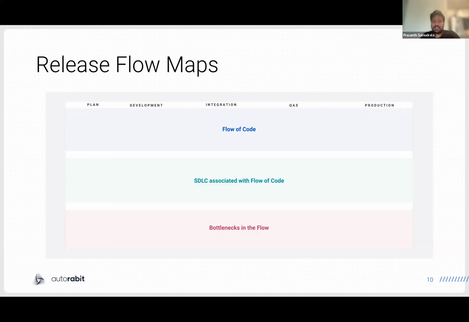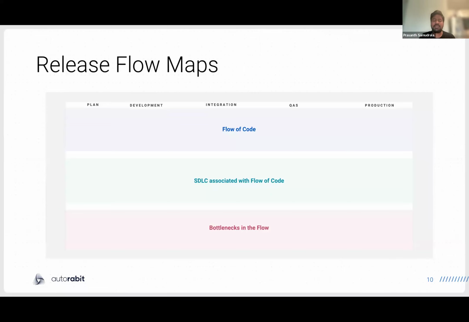The second one is the SDLC associated with the flow of code. When you say that you're committing something into the version control, where does the process start? Who are the people involved in it? And the third swim lane is what are the challenges that you face when you try to implement that flow of code or try to implement the process for that flow of code.